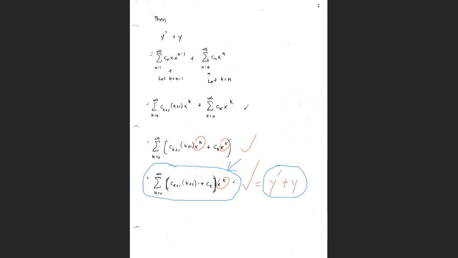But now I want to solve for these unknown constants here. I want to solve for them. So what am I going to need to set the power series equal to in order to solve for these c sub k coefficients? What must I set it equal to?